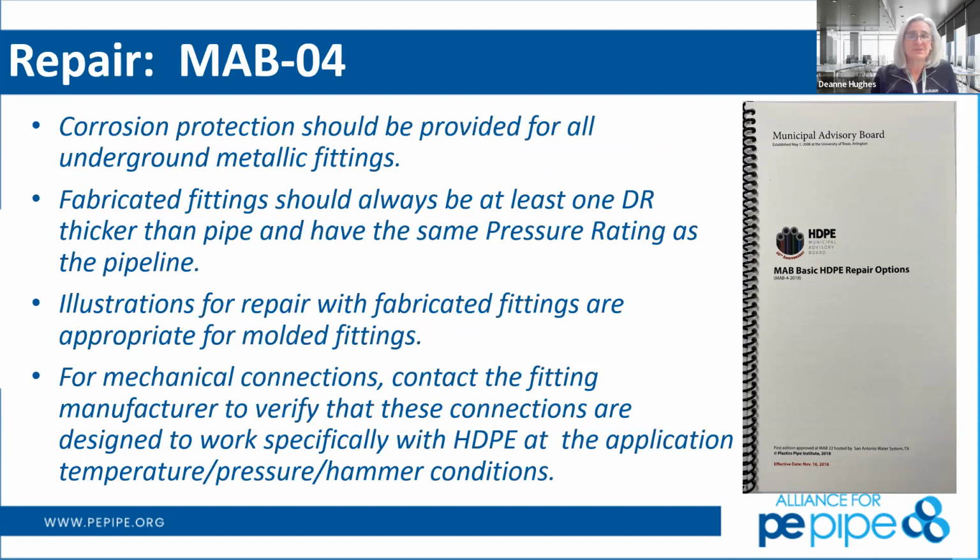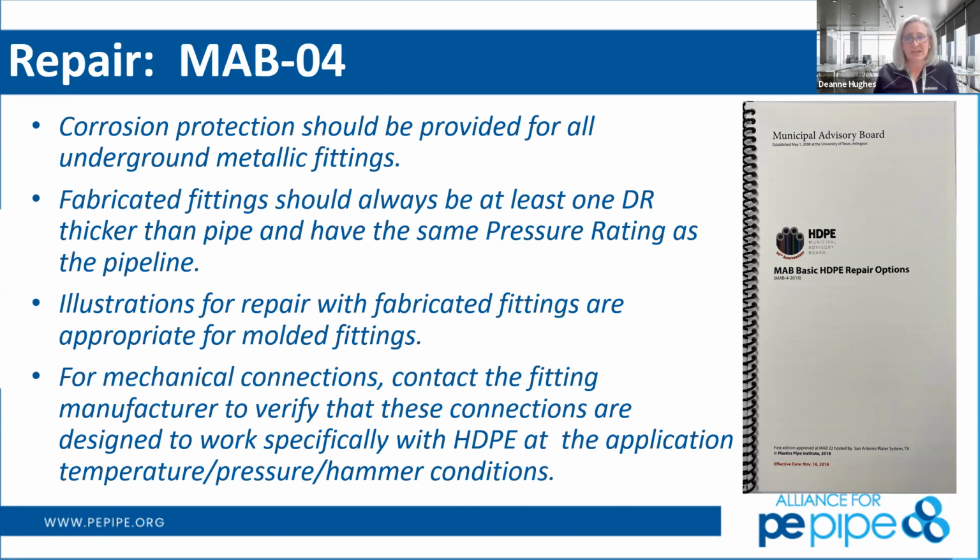And then they walk us through some other questions that we need to think about. If we have metallic, of course, we're going to need corrosion protection. An HDPE system on the whole does not, but if we have metal, those would have a corrosion protection need. If we use fittings, we want to have something that is one DR thicker in order to have the same pressure rating.